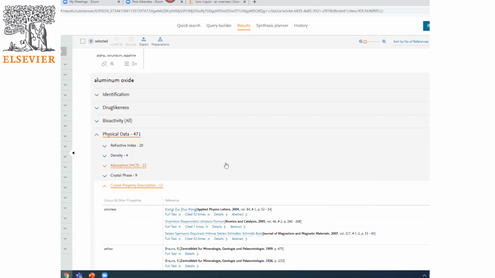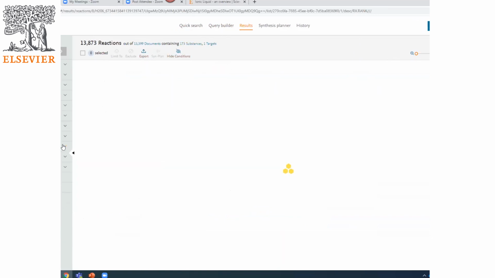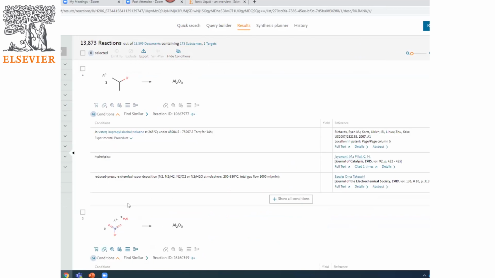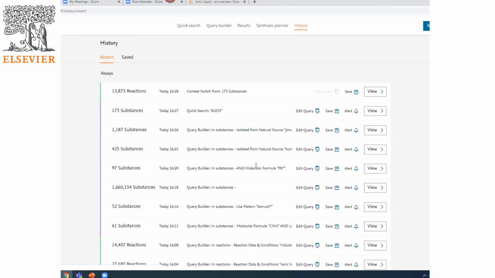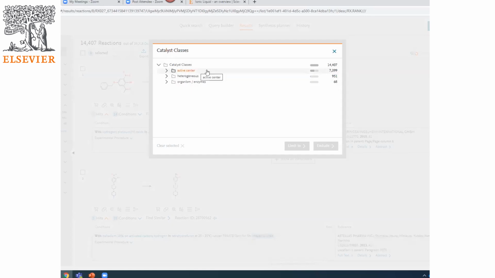Also, if you are interested in catalysis applications of nanoparticles, you can use a filter, but we need some organic reaction. Let's go to the history. Let's choose some reaction, for example, this one. When we have a lot of reactions, you can go over there: catalyst classes, active center, and you see different items.